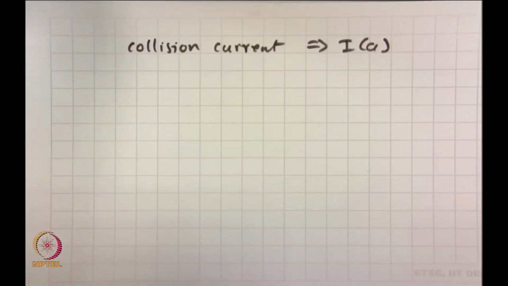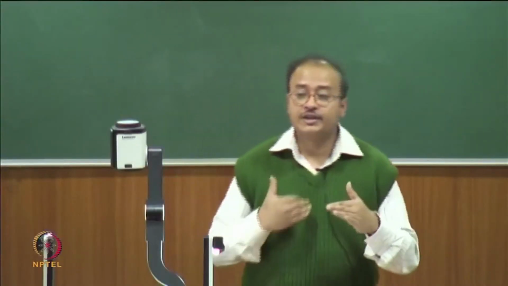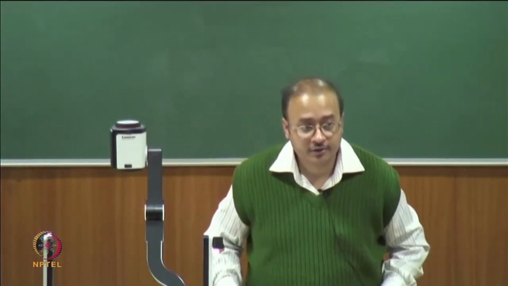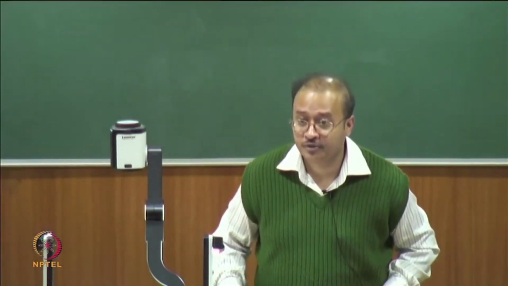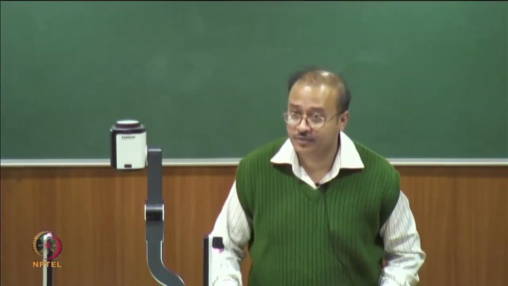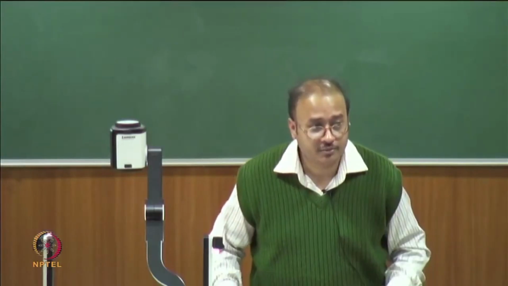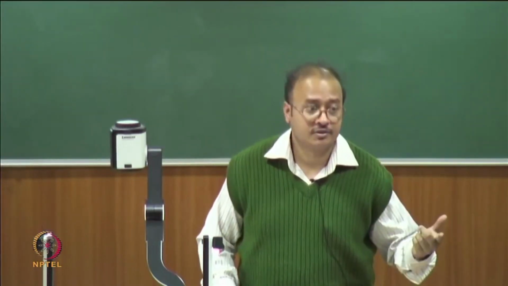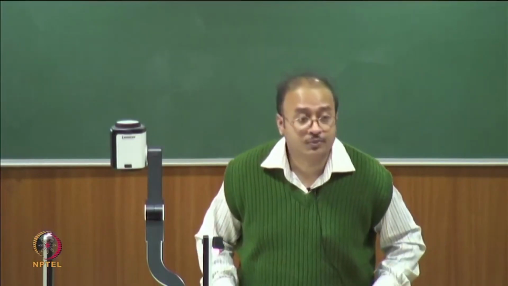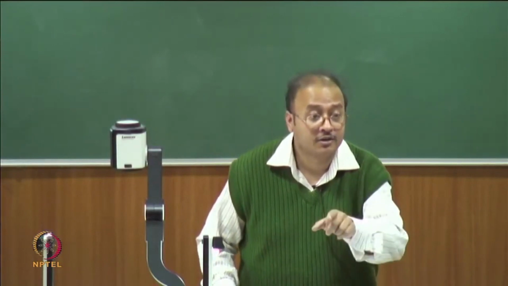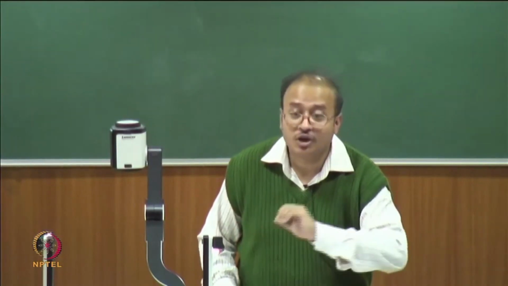How did we define flux? If you remember, flux was the number of particles flowing through per unit area per unit time. I am trying to look at the number of collisions per second. That means I already have per unit time there, but I need the number of collisions. So I need to take the flux and multiply it by area, because this is not collisions per unit area.